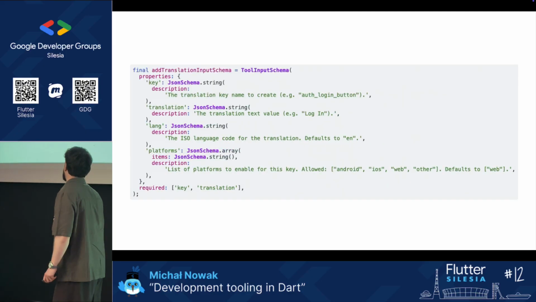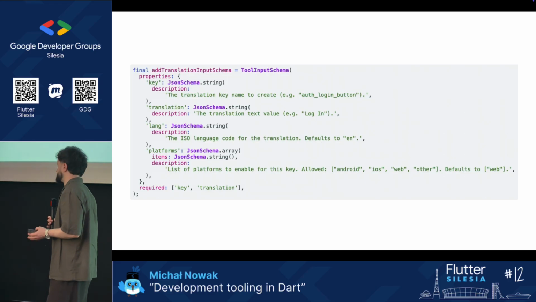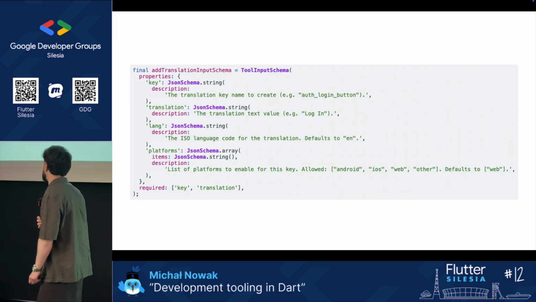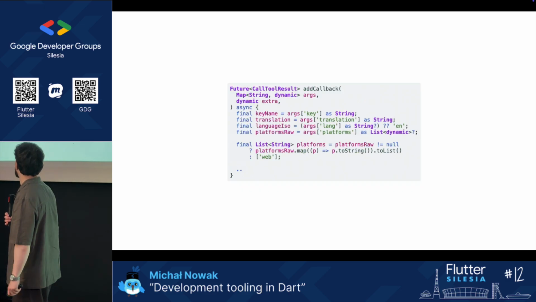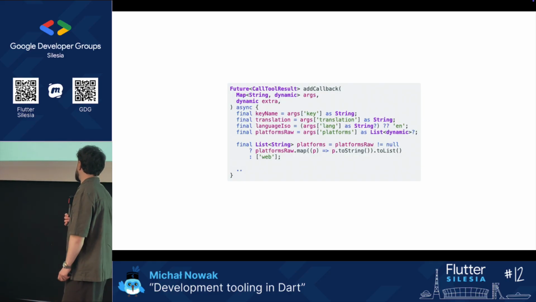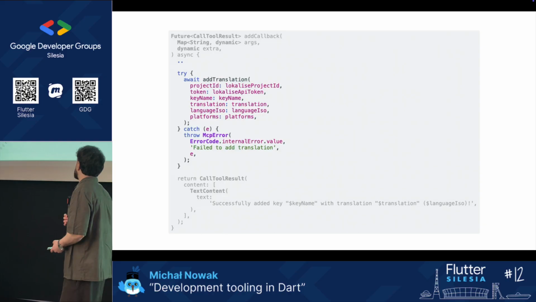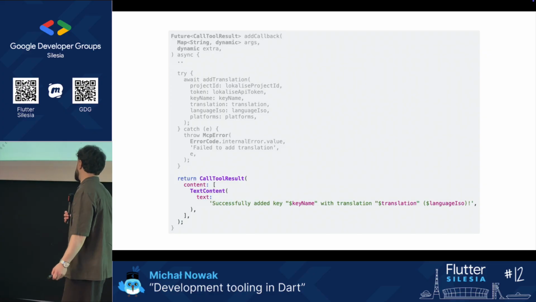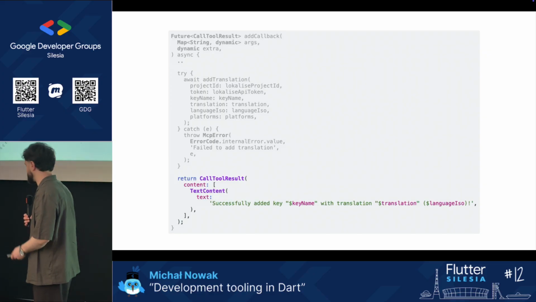The schema is pretty similar to the args that we had before, just in the MCP format, and the callback takes the arguments and then either throws an error or returns the call result, which is just some text content in this case.